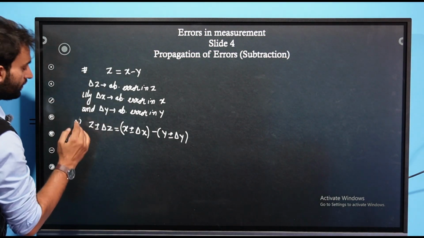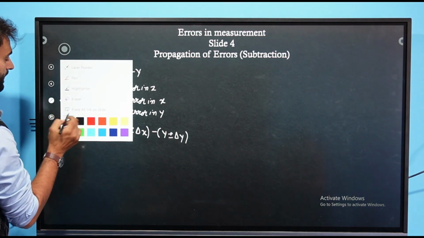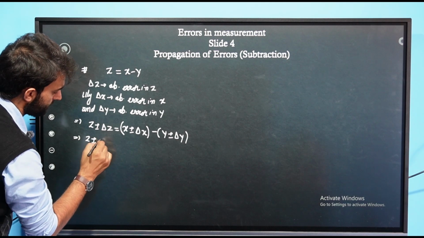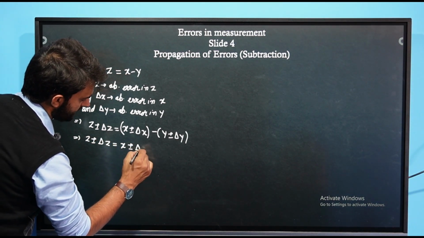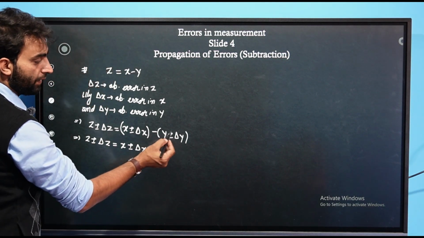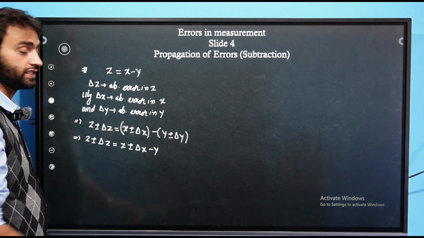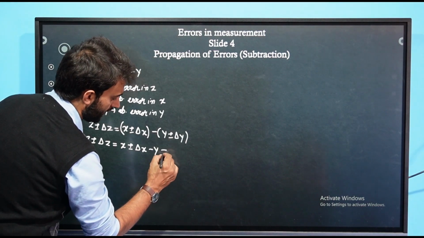So this means we can write it as z plus minus delta z is equal to x plus minus delta x minus y, and now when this minus gets multiplied to plus, it becomes minus, and when this minus gets multiplied to minus, it becomes plus. So plus will convert into minus, and this minus will convert into plus.